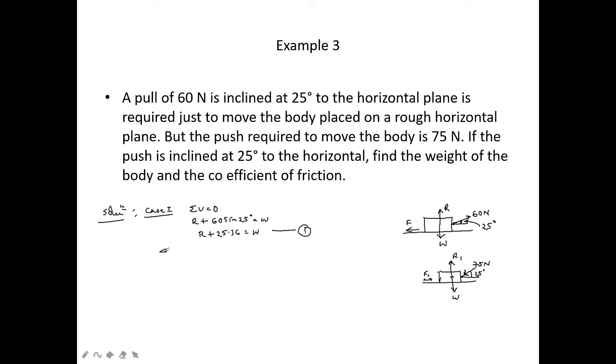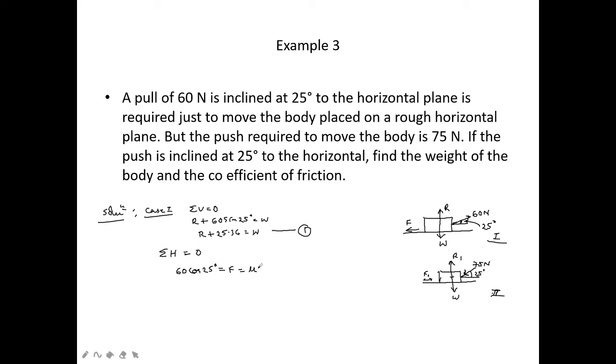Now if you apply sigma H is equal to 0 in figure 1, this is the figure 1, and let us say this is the figure 2. So applying sigma H, we are getting 60 cos 25 degree, this is equal to F. What is F?